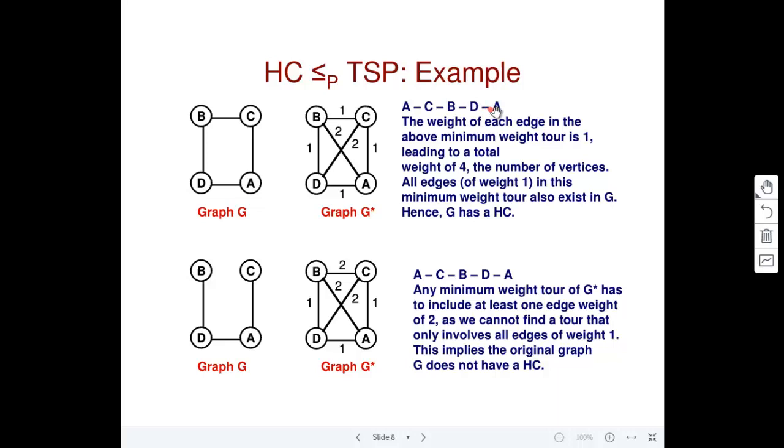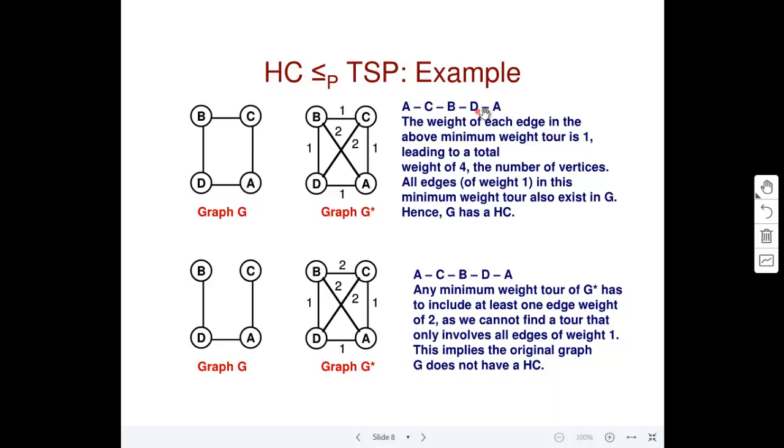So if the weight of the optimal tour is the same as the number of vertices in the graph, what it implies is that all the edges that are part of the tour are of weight 1. Because in a tour you have to have all the vertices and the starting vertex is repeated.